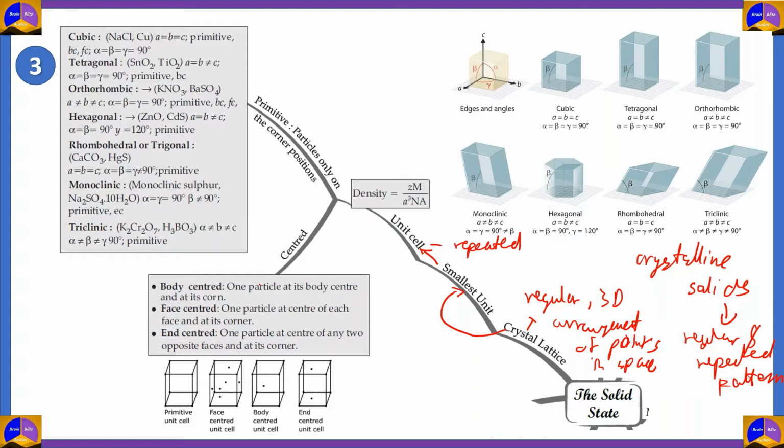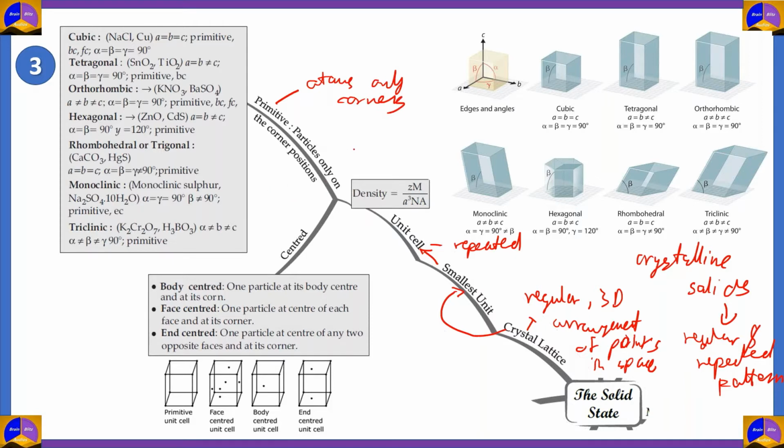When we look at unit cells based on the atoms, the first type is the primitive unit cell. A primitive unit cell is a unit cell which contains atoms at only the corners. So particles are only present in the corner positions.